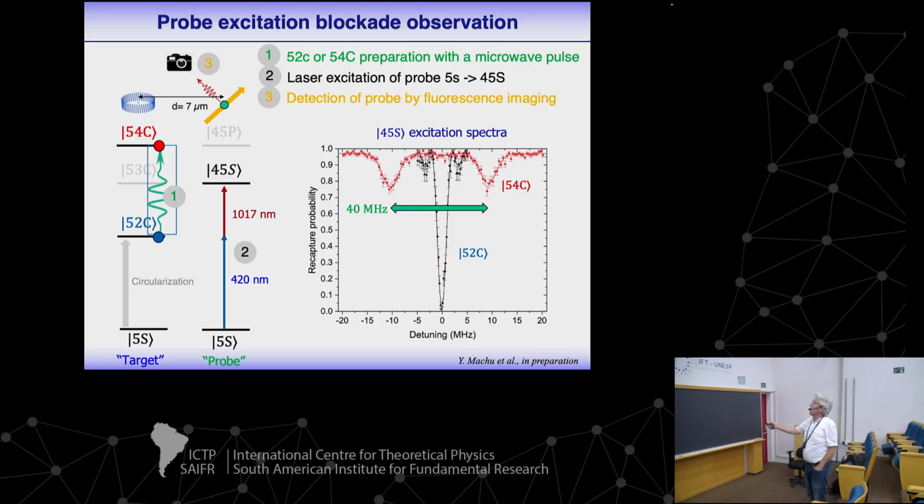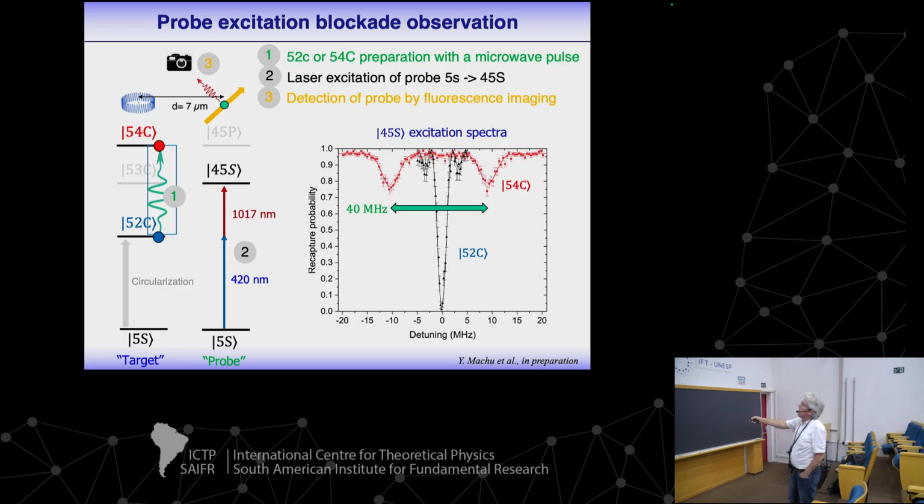And you see that if the circular state is prepared in 52C, the spectrum of the probe corresponds to the black data, and you have a nice narrow excitation of the probe. The probe goes to 54S, which means that the fluorescence of the probe disappears, and basically we do not recapture the probe anymore. On the other hand, once you prepare the 54 circular level, dipole blockade is nearly perfect, and you see that as a result of the splitting between the coupled energy levels of the system, which is like 40 megahertz, so it's a big effect.